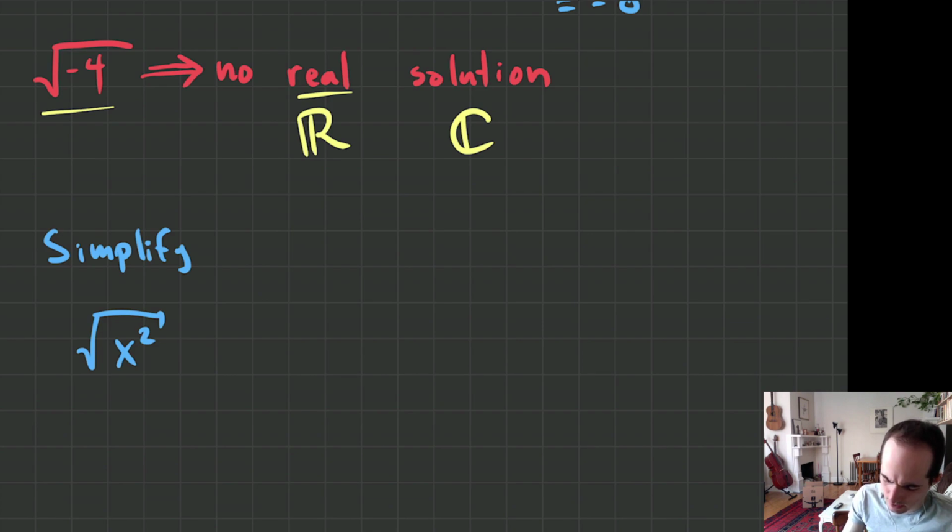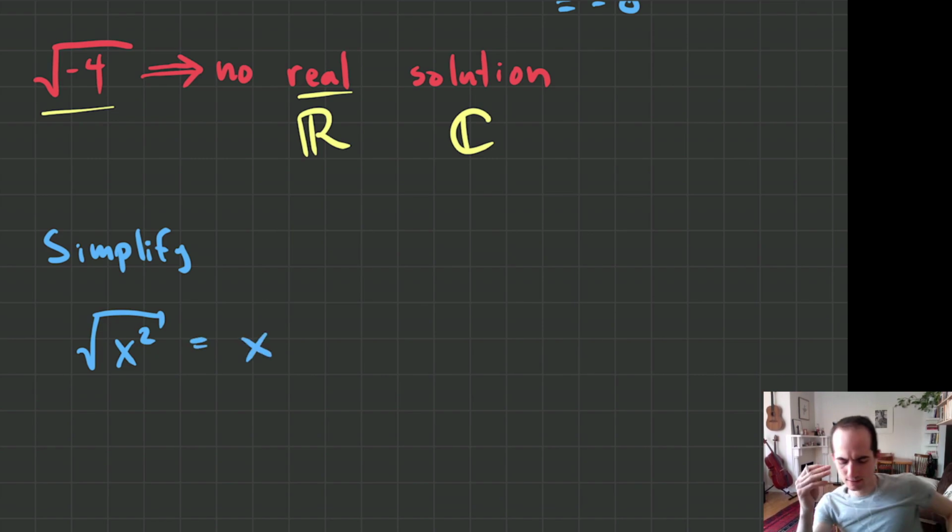I think that a lot of people see this and they say, oh yeah, well they undo each other, right? The square root undoes an exponent of 2, so this is just equal to x. Okay, and you're almost right. You're very close to being right. But here's where you'd be wrong if this is what you said.